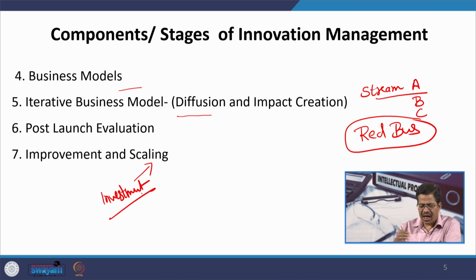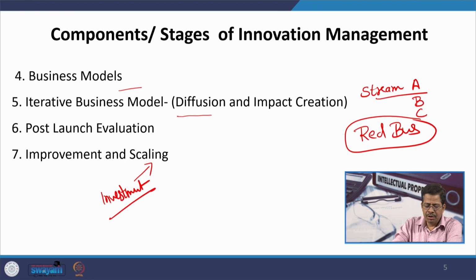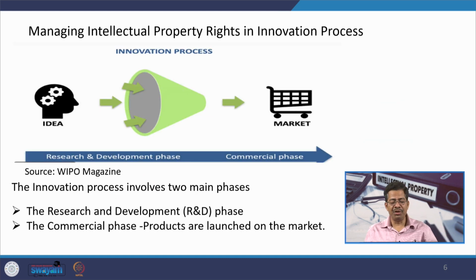So, this becomes the entire process of innovation management, and during these steps of innovations, you will realize that IPR can be an integral part of every stage, right from the idea generation, collection of ideas, to the scaling of your enterprise. You can use IPR very, very effectively, that we are going to see in subsequent slides. Like in this innovation process, when you are collecting or generating the idea and you are going to the market.